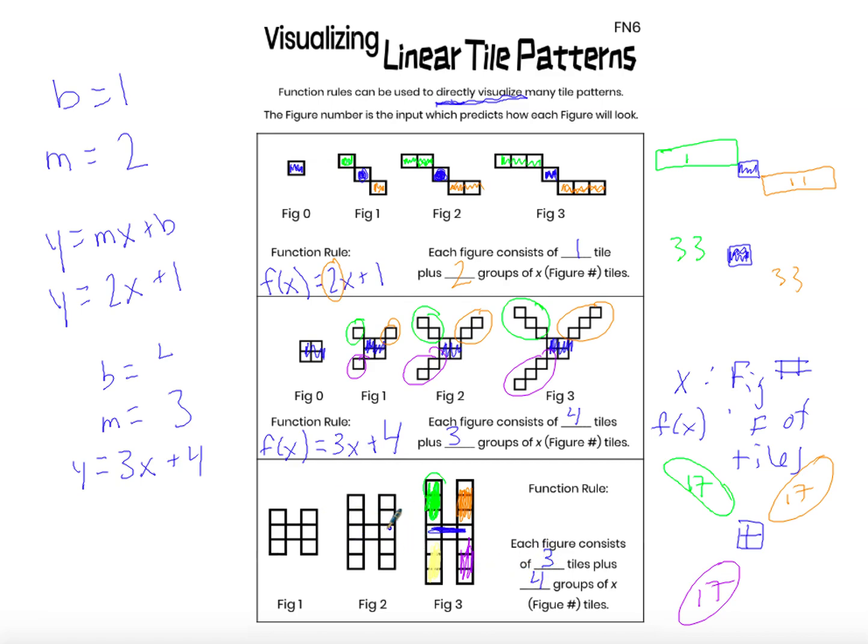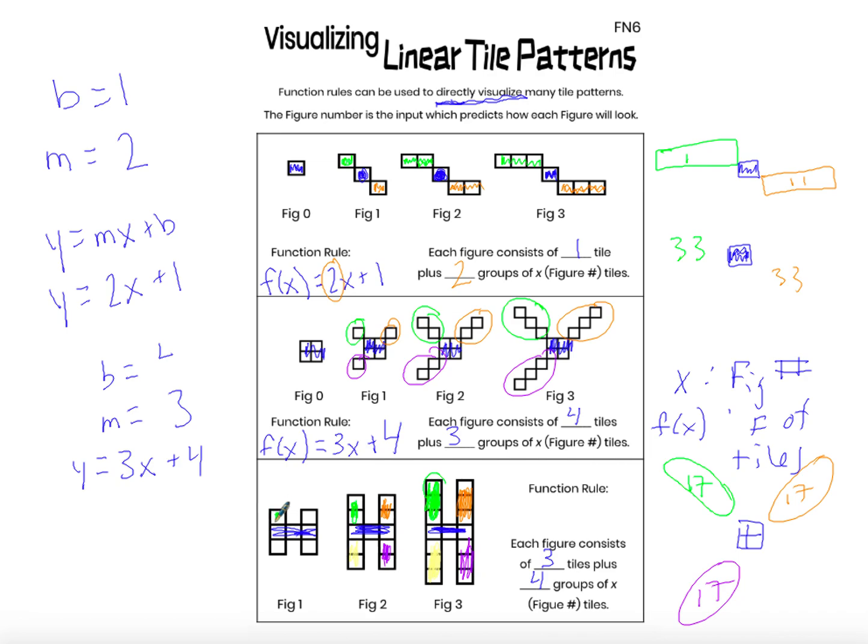Let's see if that works for all of them. So there's always 3 in the middle. And then for this one I have 1 group of 2, 2 groups of 2, 3 groups of 2, and 4 groups of 2. So I have 4 groups of 2 plus those 3 in the middle.